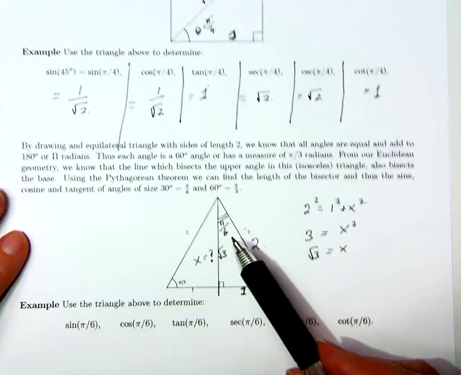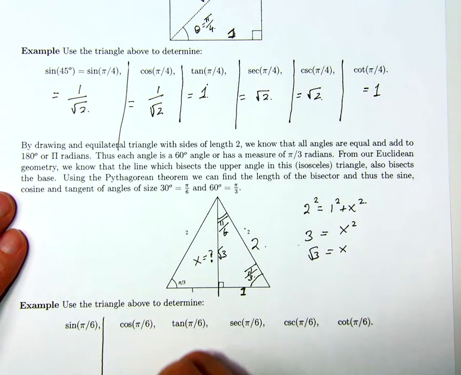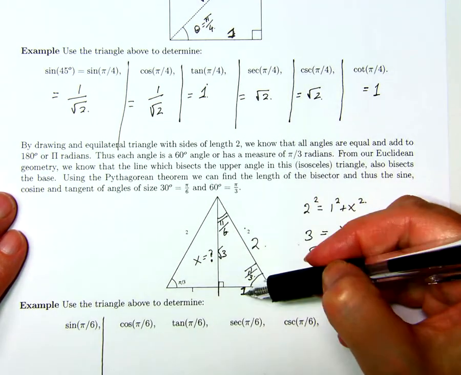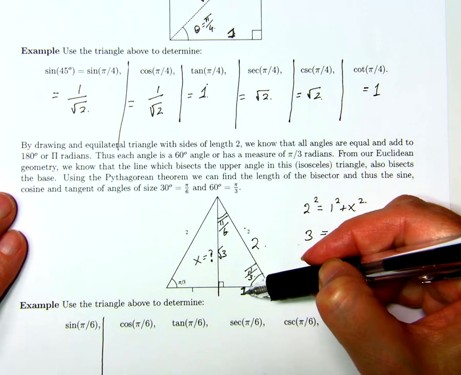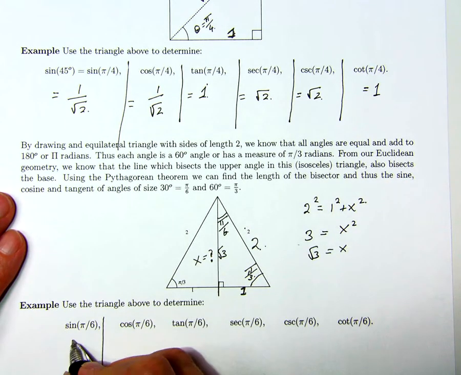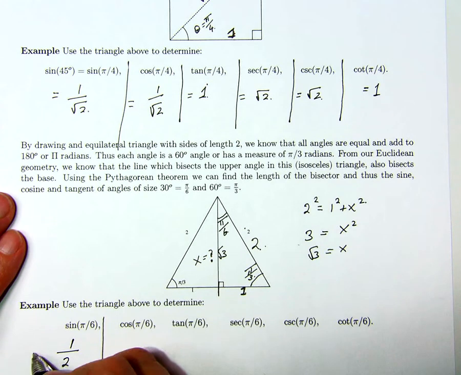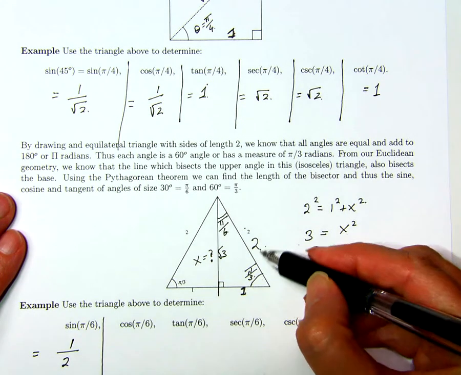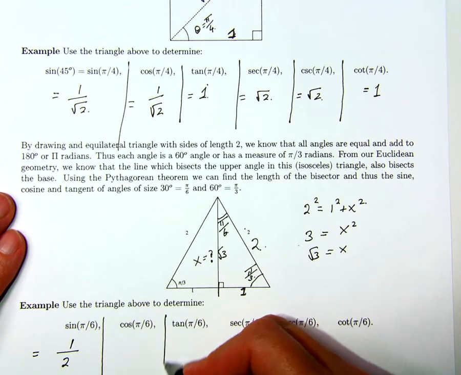We have sine pi over 6. So for this angle, this is the opposite. The opposite side has length 1, and the hypotenuse has length 2. So this is the opposite over the hypotenuse, which is 1 over 2.